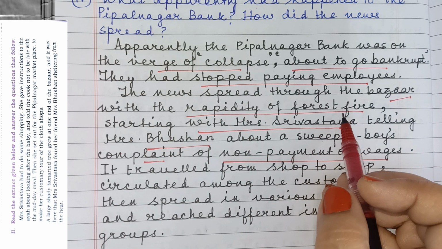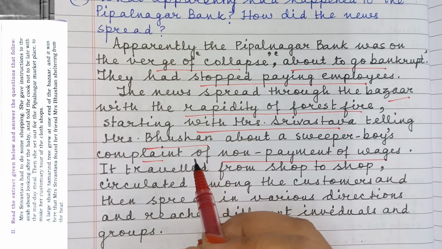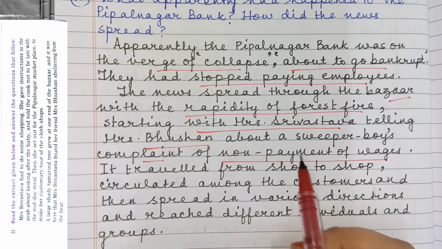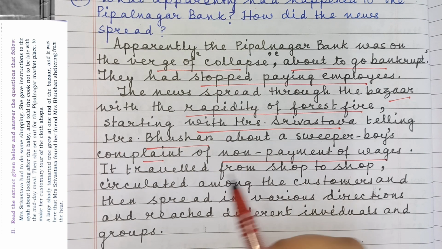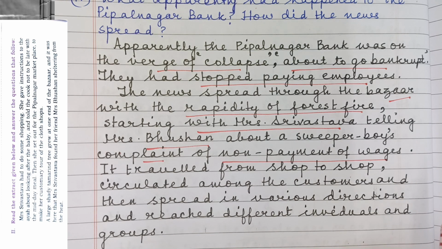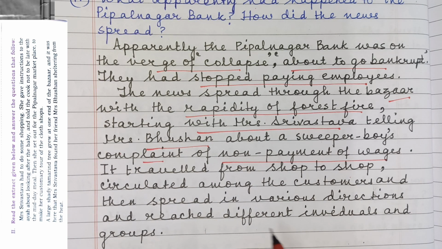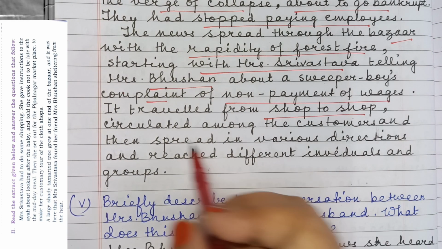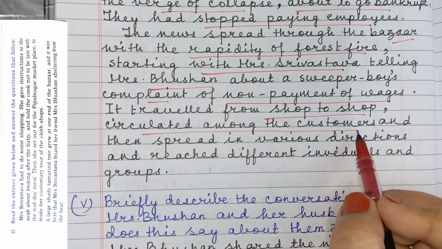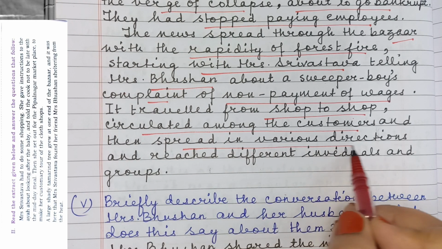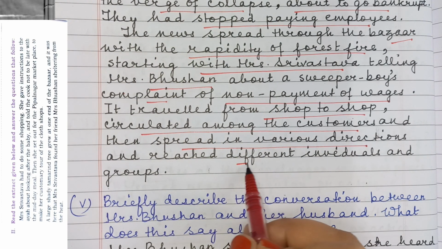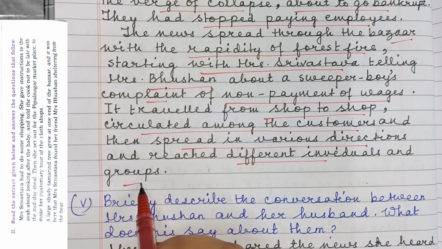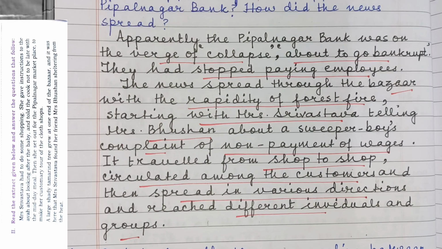And किसने स्टार्ट किया था? मिसेस श्रीवास्तवा ने मिसेस भूषण को कहा था, एक स्वीपर बॉय कंप्लेन कर रहा था कि उसे अपना जो पेमेंट है वो नहीं मिला. It travelled from shop to shop. एक दुकान से दूसरे दुकान तक, circulated among the customers and then spread in various directions and reached different individuals and groups. So you will have to highlight all these points in your answer.